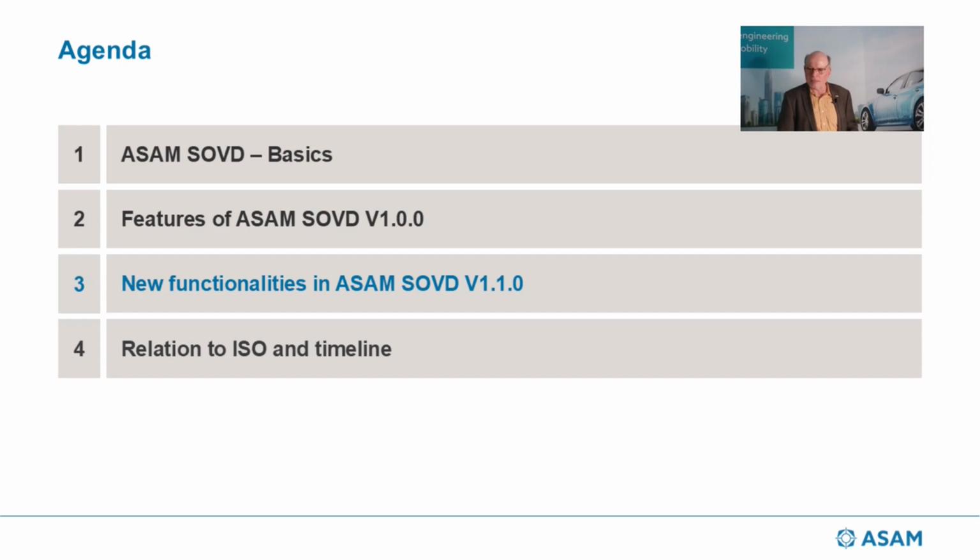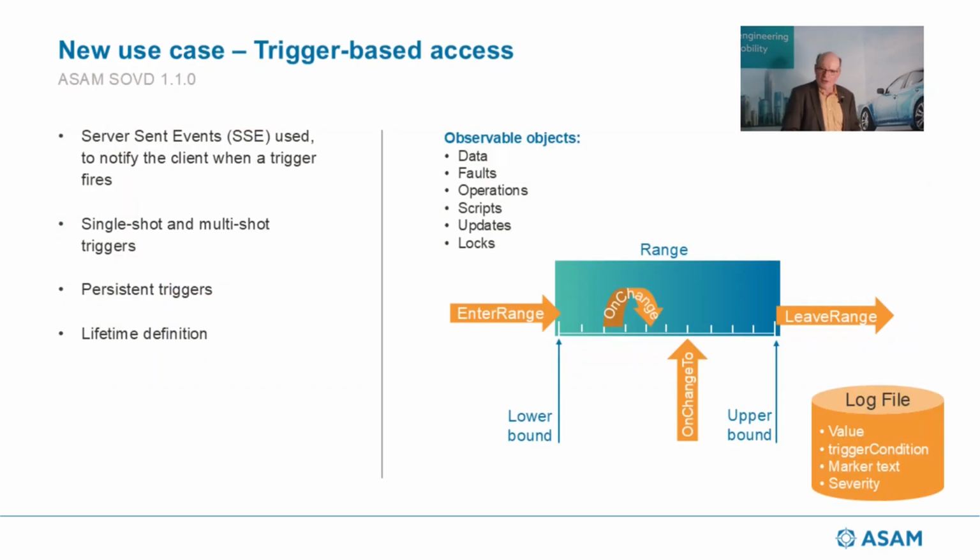I can also say I want to be informed when the temperature is exactly 27 degrees. You see here the objects which are observable. This is not only data, this is faults, operations, scripts, updates and logs. This also gives me the possibility, especially for the operation, to see when the status is changed.